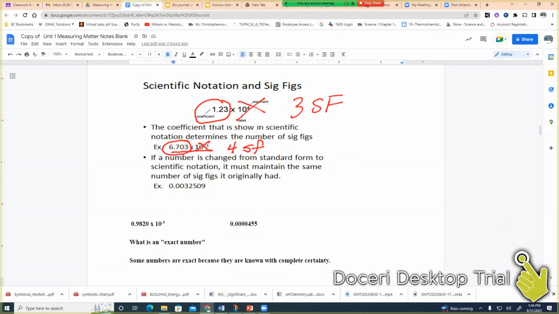If you have a number in standard form, so this is standard form, how we usually write our numbers, you got to count the sig figs. And then when you change it to scientific notation, it has to have the same number of sig figs. So in other words, this one has 5. So when I put it in scientific notation, it still has to have 5.